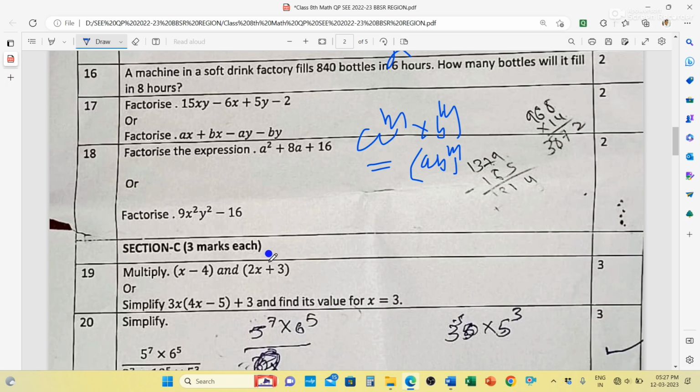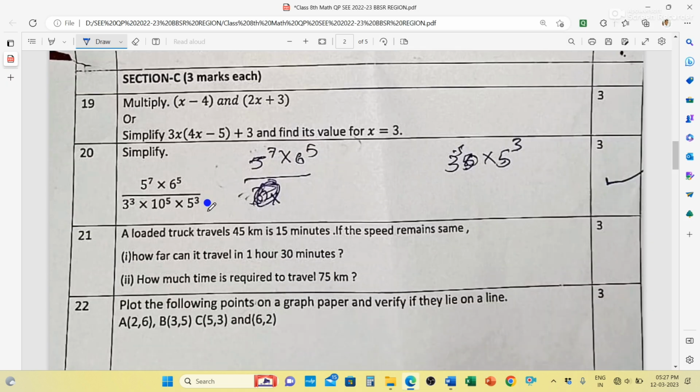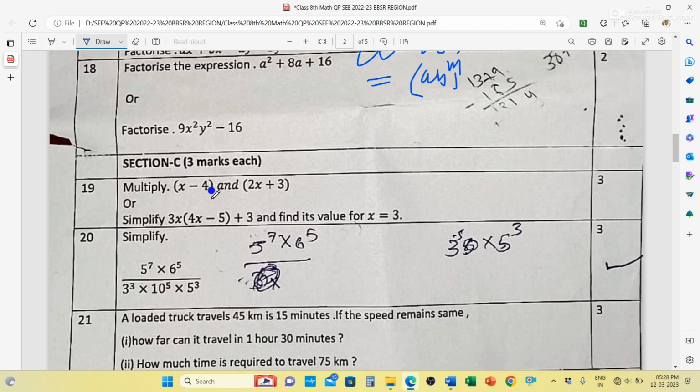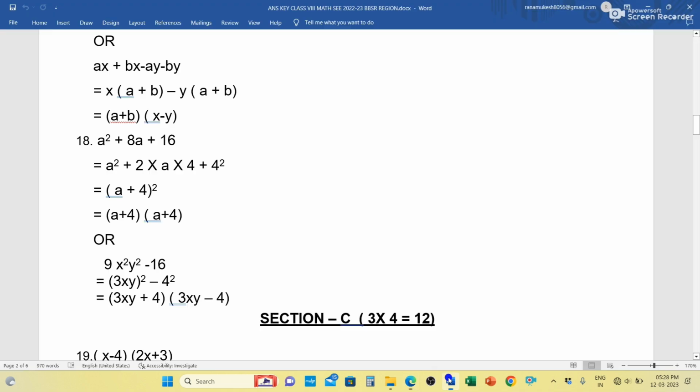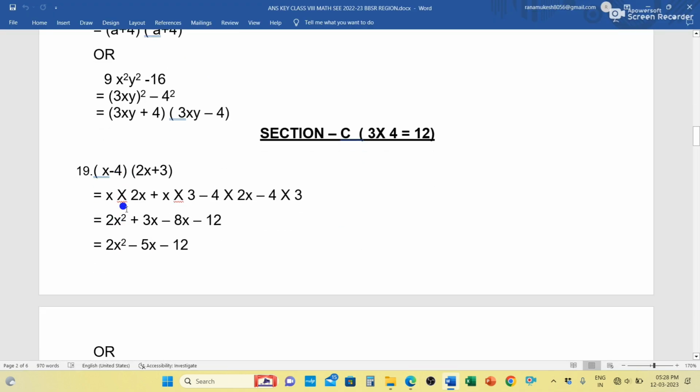Now section C carries 3 marks. Each question carries 3 marks. Multiply x minus 4 and 2x plus 3, or simplify 3x multiplied by 4x minus 5 plus 3 and find its value for x equal to 3. So first we will see the first question. We have to multiply x minus 4 with 2x plus 3. x into 2x plus x into 3 minus 4 into 2x minus 4 into 3.